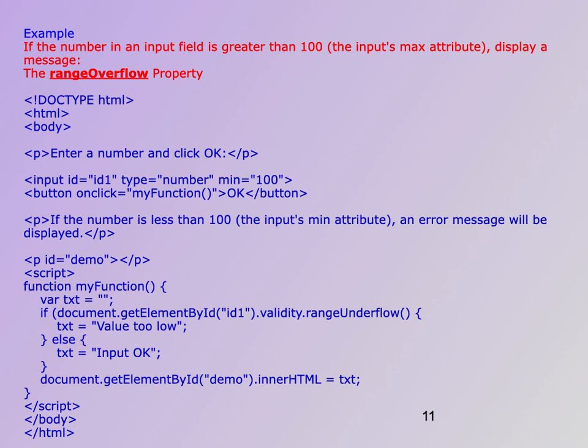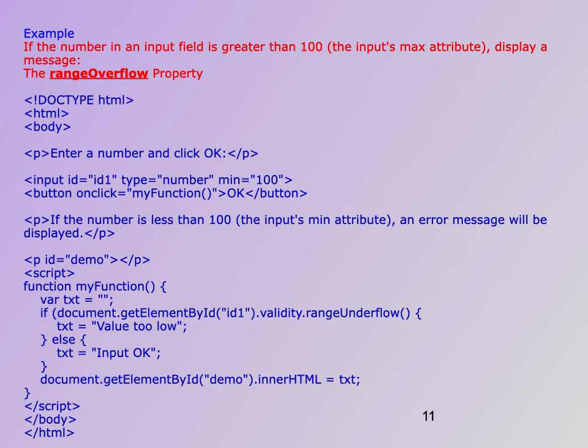For example, suppose you are entering 90 instead of 100 or an above value, a greater value. Suppose you are typing 90, then validity range underflow will be invoked. So it's a predefined property. So the validity of that particular range value is evaluated and it is coming under a particular level.